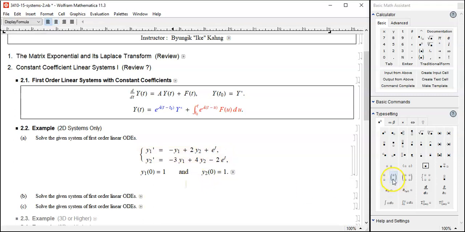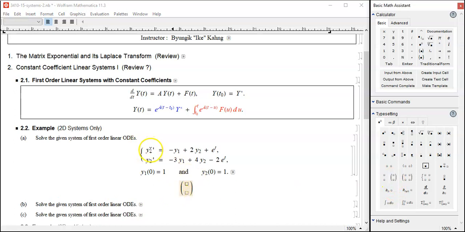No problem there. So y1, y2, and those are derivatives, and that's equal to, in this part, we have -1, 2, -3, 4, and then y1, y2. That took care of the homogeneous part.